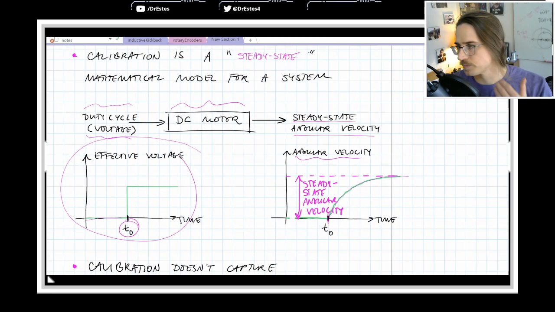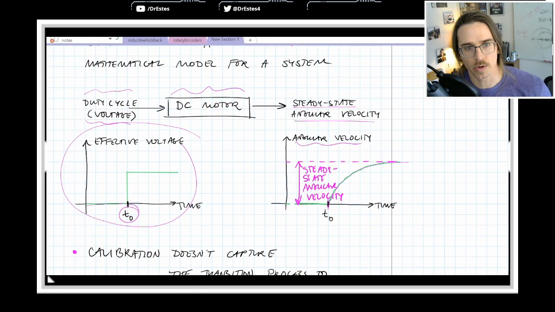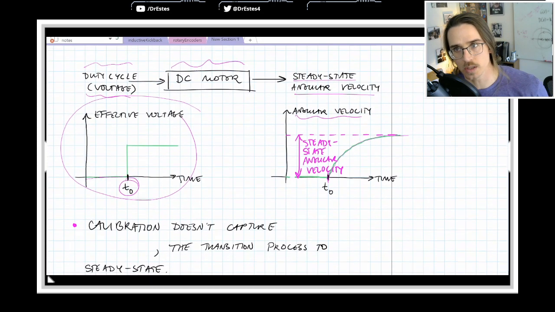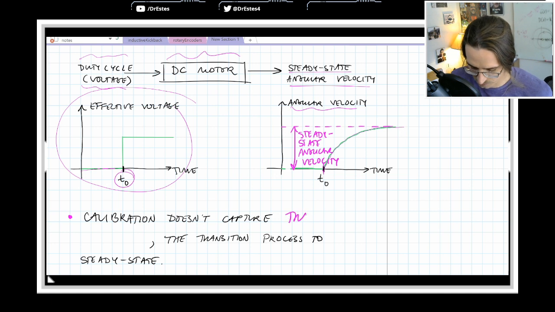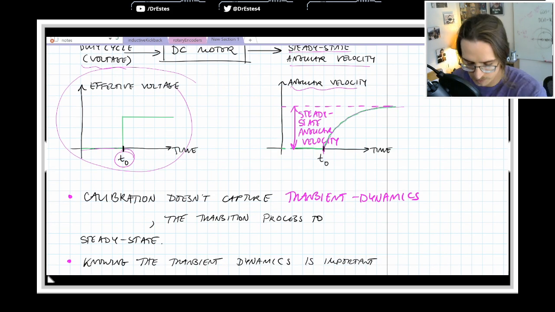Okay, so what I want to point out is that calibration, what we've been doing, doesn't capture the transient dynamics. Transient dynamics are the dynamics that happen in transition to the steady state condition.